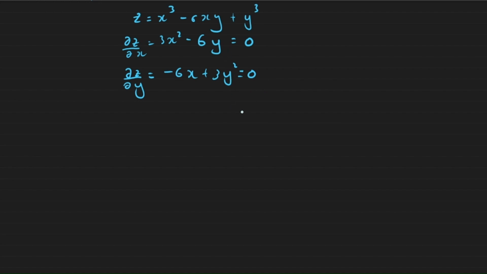These are simultaneous equations. To solve them, firstly, we'll divide the first equation by 3. That will give us x squared minus 2y is equal to 0. And then we'll do the same thing for the other equation. We get minus 2x plus y squared is equal to 0.